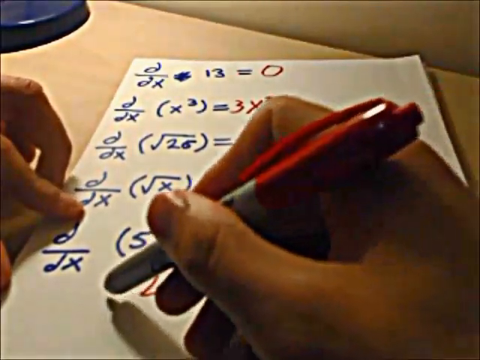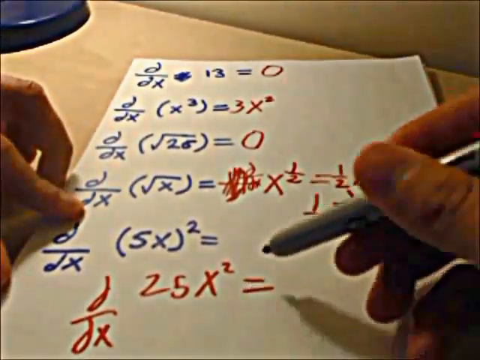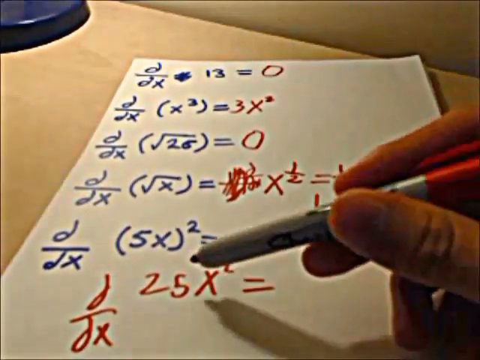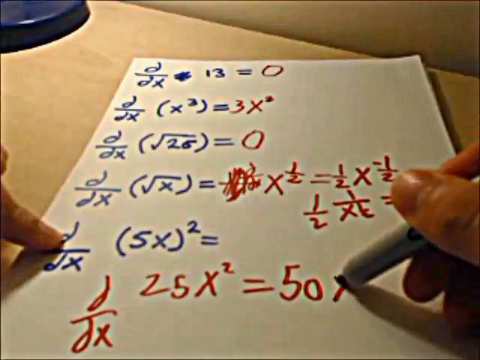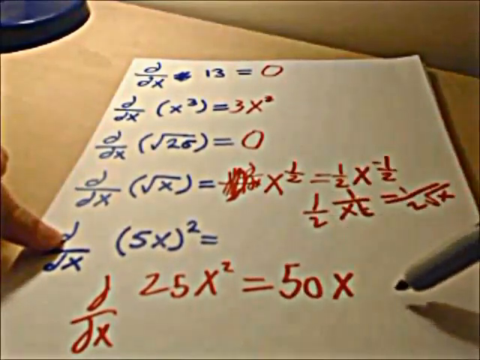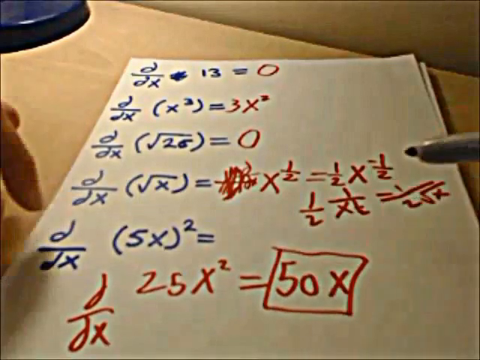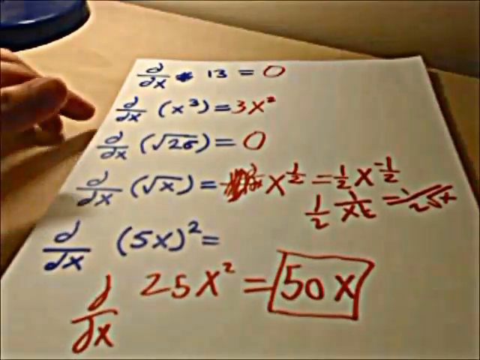So the derivative of 25x squared, again, we bring that power down next to the x, so it's going to be 25 times 2, which is 50, and then take 1 from the power of x, so it's going to be 50x. You can actually use the chain rule and the product rule, but we're going to talk about this in later videos. So yeah, that was it.